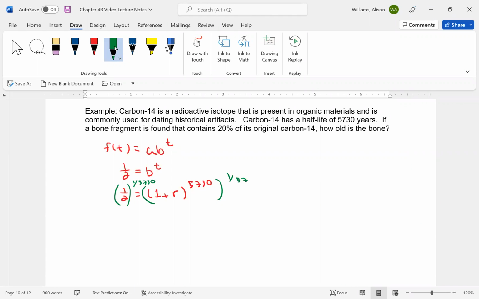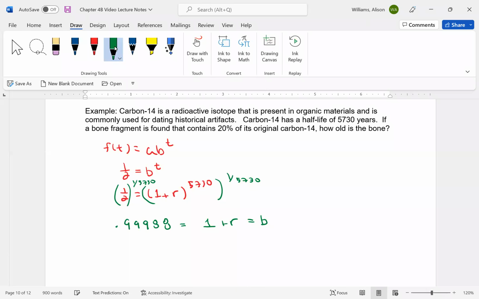We're basically taking the 5,730th root of both sides. And we're going to get 0.99988.